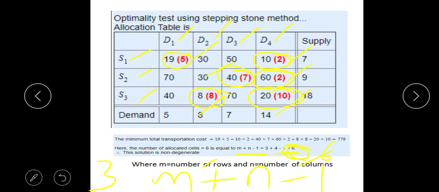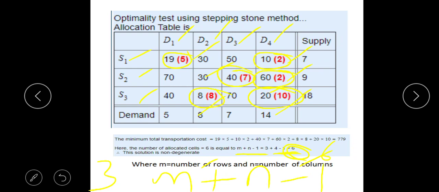So this is in detail about the first step of stepping stone method. As per the given question, we need to find out the initial solution, either using northwest corner method, least cost method, or Vogel's approximation method. In this example, we have solved the initial solution using Vogel's approximation method, and then we have to check for degeneracy.